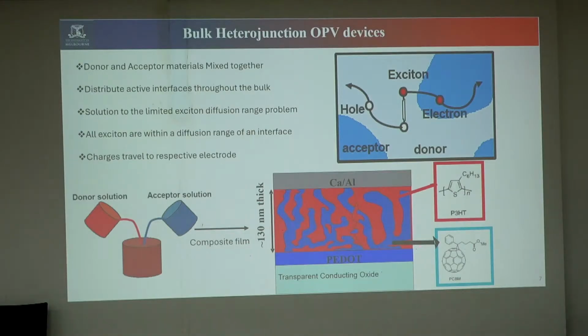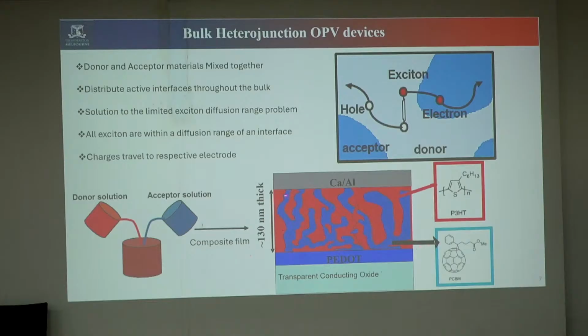In this case, the exciton can easily encounter a donor-acceptor junction and get easily separated. Once it gets separated, the holes will remain in the donor phase, because the blue color is acceptor and red color is donor. The holes should be in the donor phase and get extracted from this side.